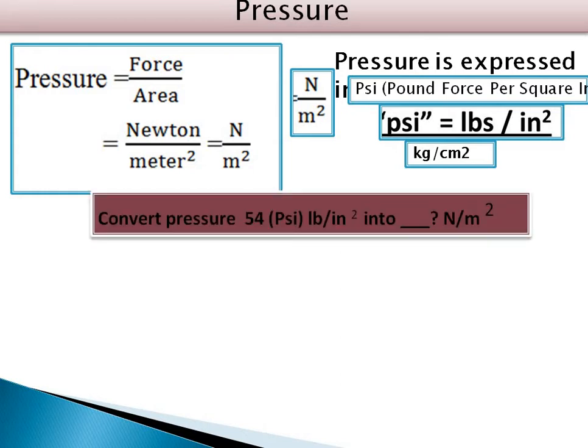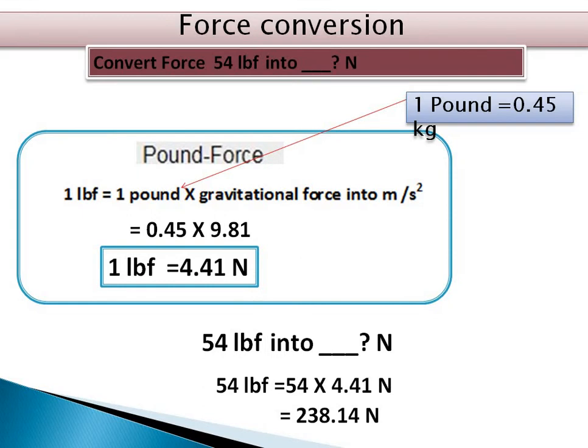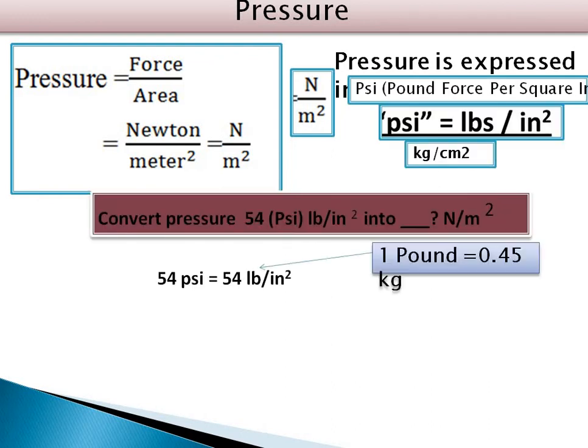Now we will take an example. Convert pressure of 54 psi, lb per inch square, into Newton per meter square. Now pressure is 54 psi, so it is nothing but 54 lb per inch square. In previous discussion we saw 1 lbf is equal to 4.41 Newton, so we are going to use that here.